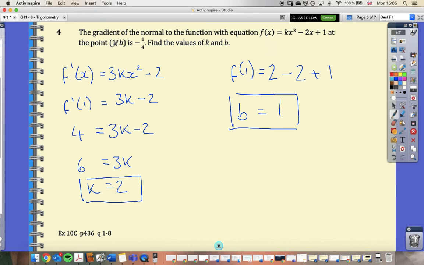And I thought, well, what processes would I go through? I'd find a gradient function and find out what the slope of the tangent is, and then the normal, and that allowed me to get one of the unknowns. And the second thing I'd be looking for would be a point that the normal goes through, and we'd do that by using our function.